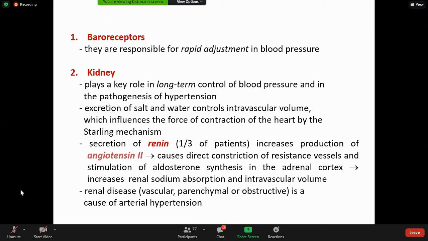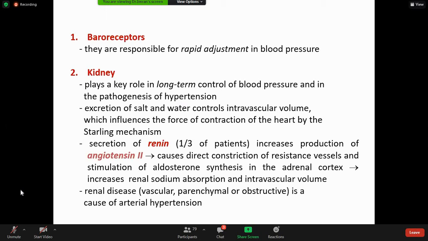And where the sodium goes, water will automatically move along with sodium, along with this solute, right? So increased sodium reabsorption is enhanced due to aldosterone secretion, and water will move automatically along with sodium. So what will happen?